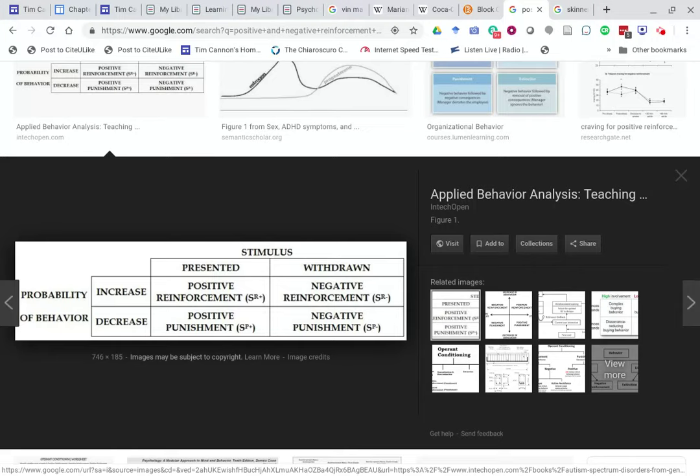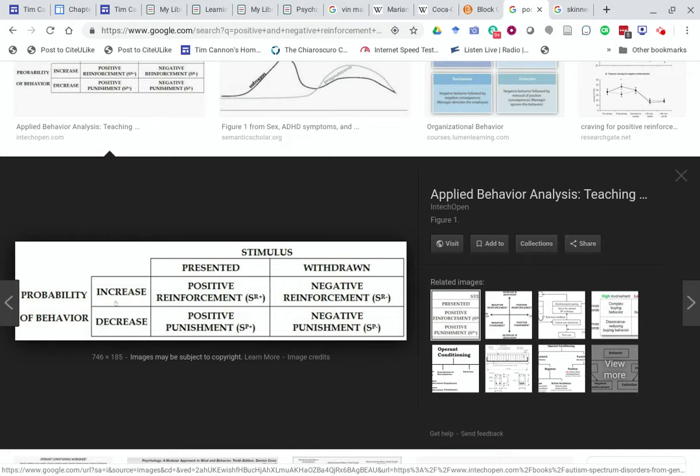And now line 3, and the probability of behavior increases or decreases. That's it. It's a 2x2 table, column headers presented or withdrawn, probability of behavior increases or decreases.